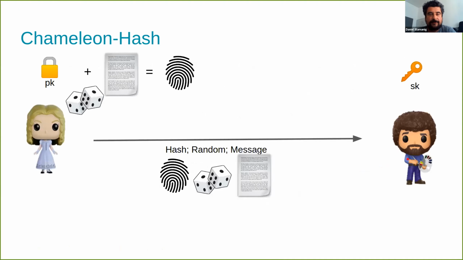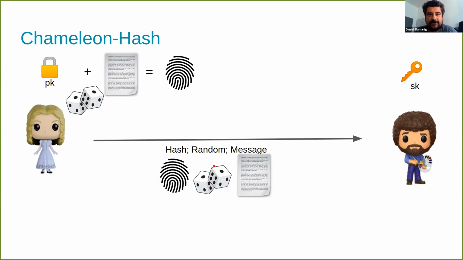Okay, so what is a chameleon hash? Basically, a chameleon hash is a hash function which is parameterized by a public key. And to do some hashing, you take the public key and take a message and some randomness to compute the hash value. And given the message and the randomness, you can check the hash.